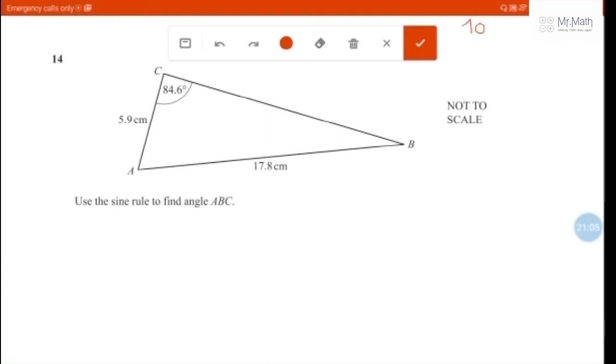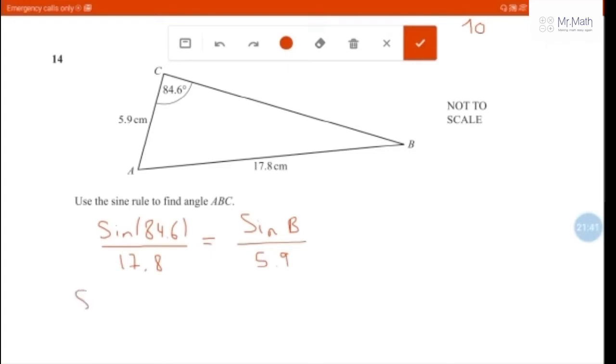So the sine rule states that sine of 84.6 over the length of the opposite side to that angle, which is 17.8, is equal to sine of B, the angle that I want to find, over 5.9.